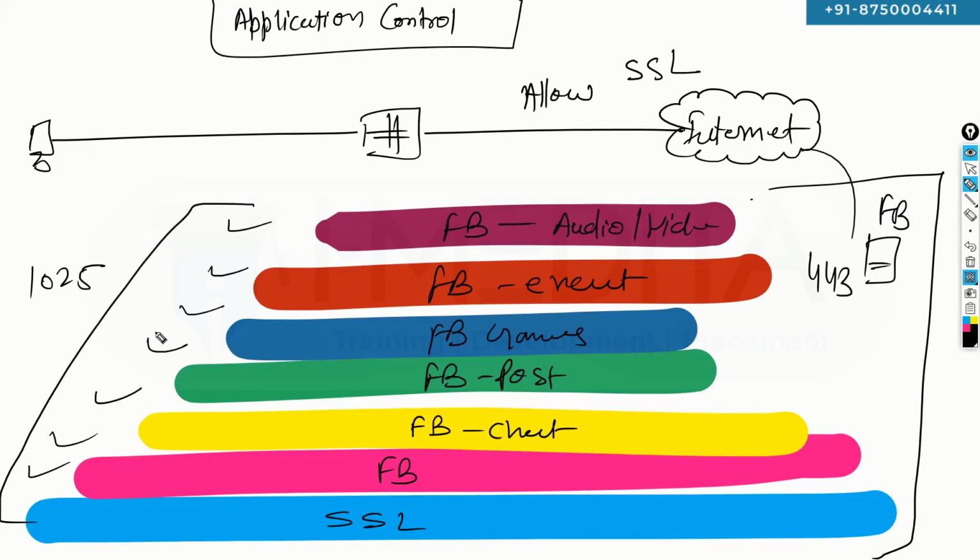But we want that when a user is trying to access a server, they can use Facebook, but we want to control some applications which are available there, so you can also do that. You can allow SSL, you can allow Facebook, you can block chat, you can block games, you can block events, audio, video, file download, like this. So specific applications you can also allow here.